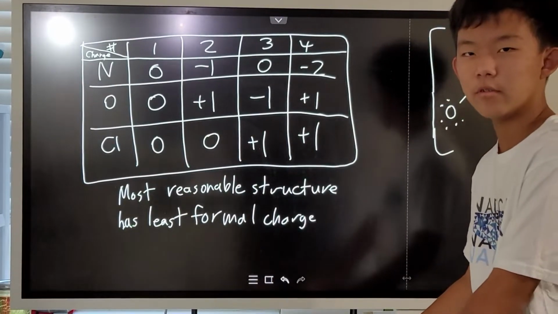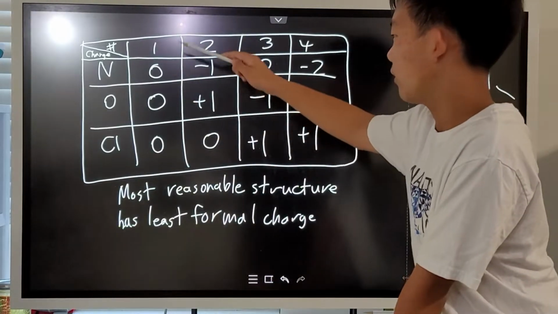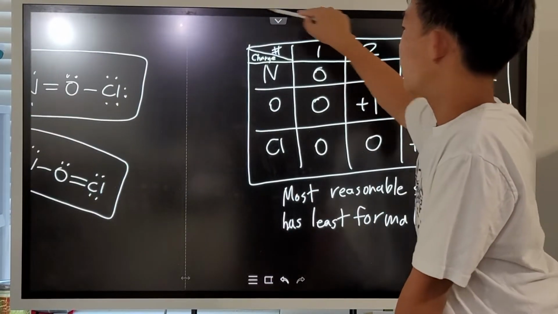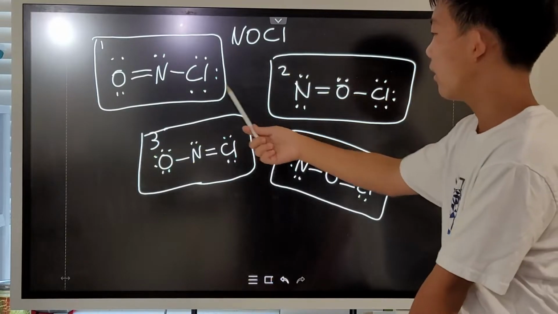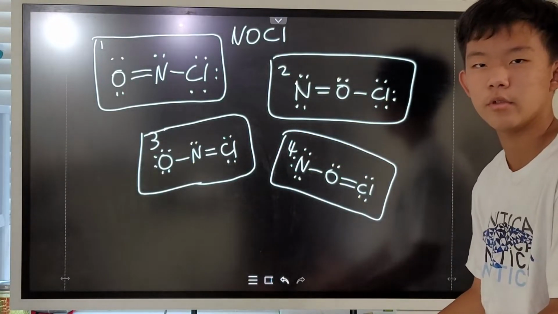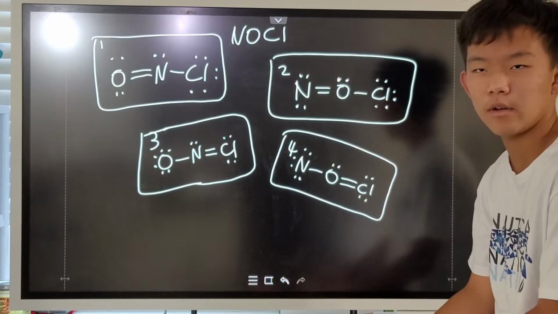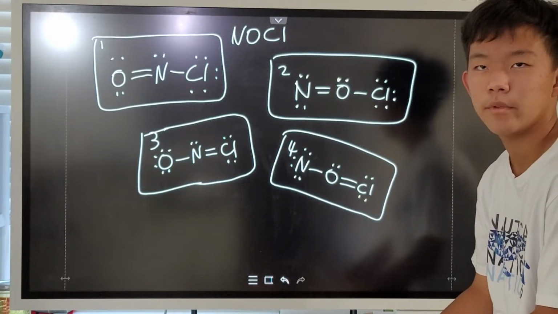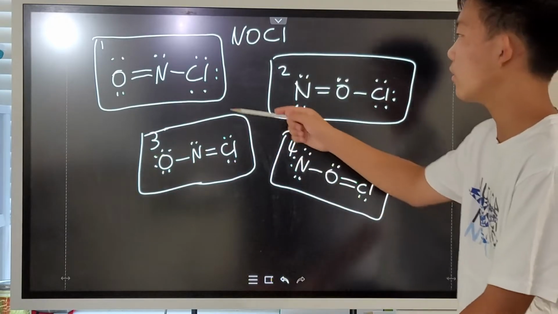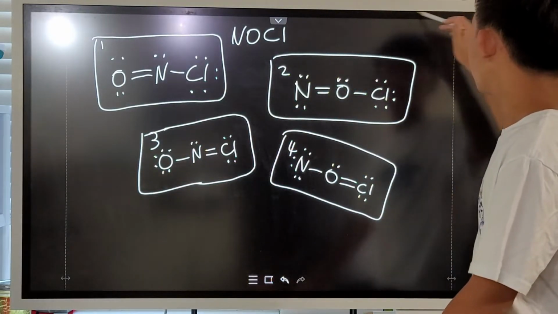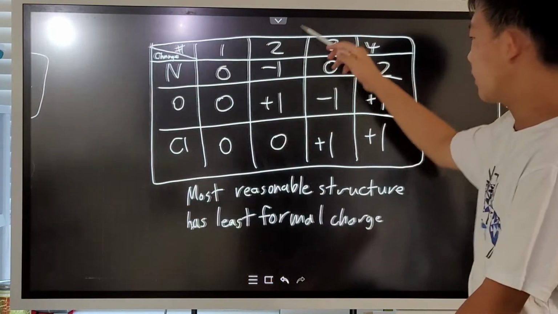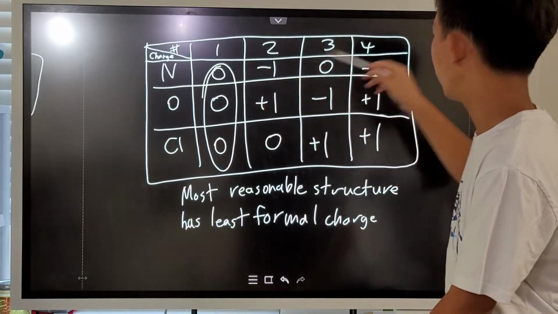Now if you look here, you'll see that structure number 1 for nitroxyl chloride, which is this one, has no formal charge for each and every atom, while all of these other ones do have at least 1 formal charge. So that means that structure number 1 is the most reasonable structure because you can tell that it lacks any formal charge.